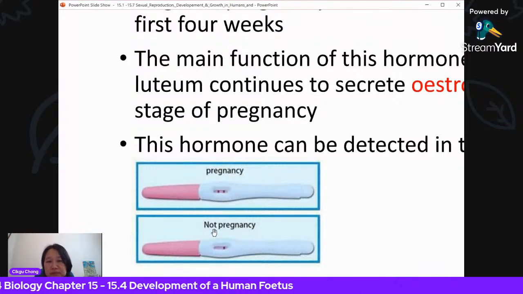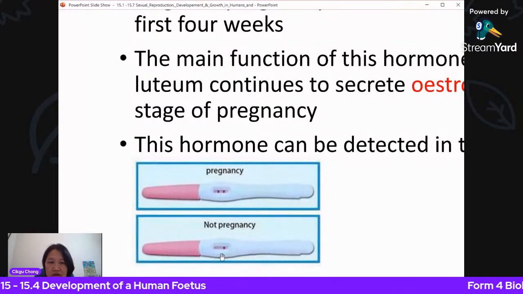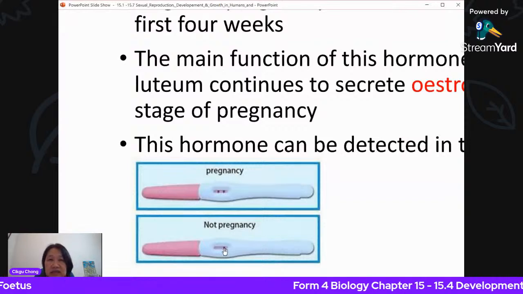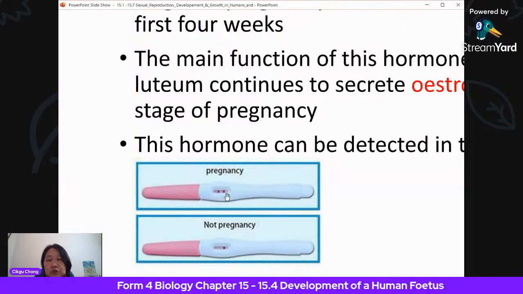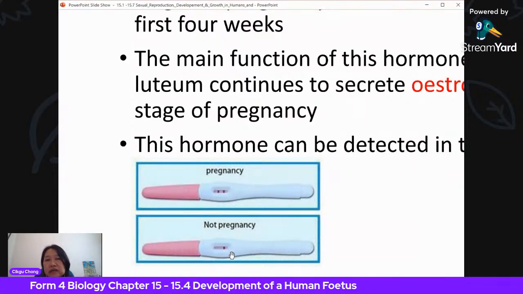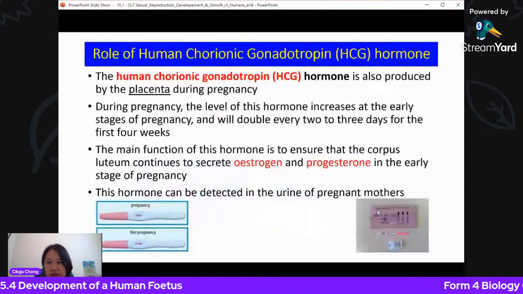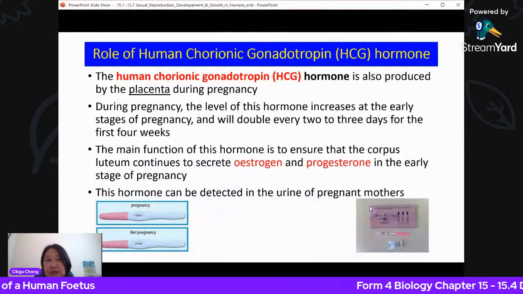When it's not pregnant, you have one line only, to indicate that this test kit works. So two lines shows positive, one line is negative. Same thing for your test kit for the COVID. So this is another type of test kit.